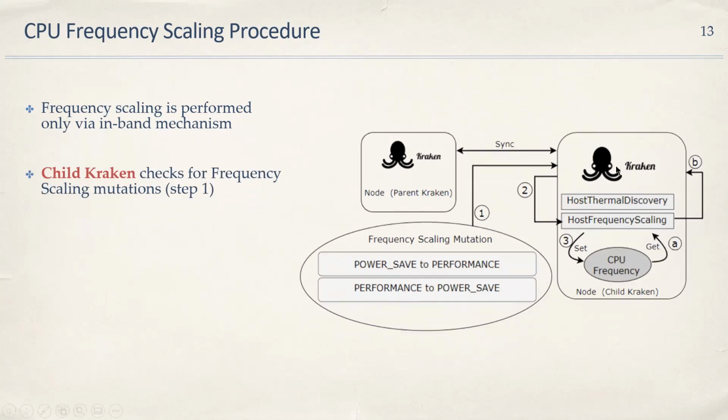As a first step, the child Kraken will check the frequency scaling mutation and analyze whether it has to change the frequency or not. If it determines that it has to change the CPU frequency, it will talk to host frequency scaling set, which will set the desired frequency of the CPU.